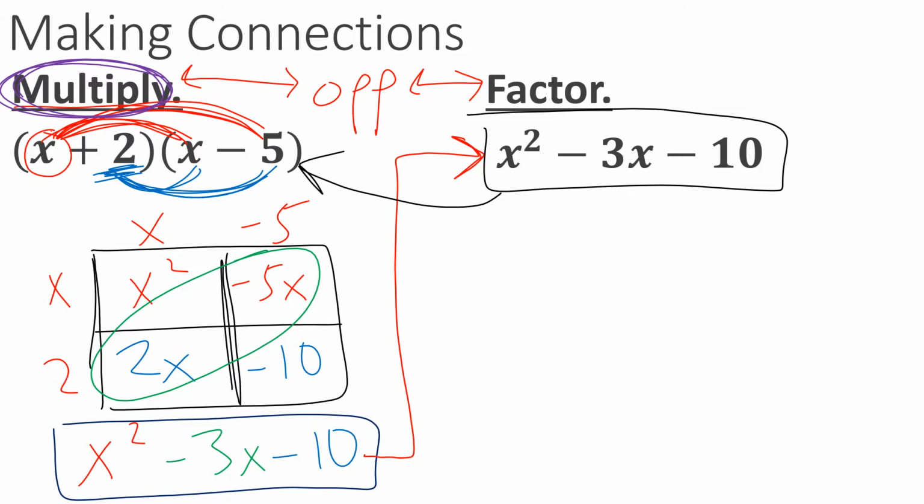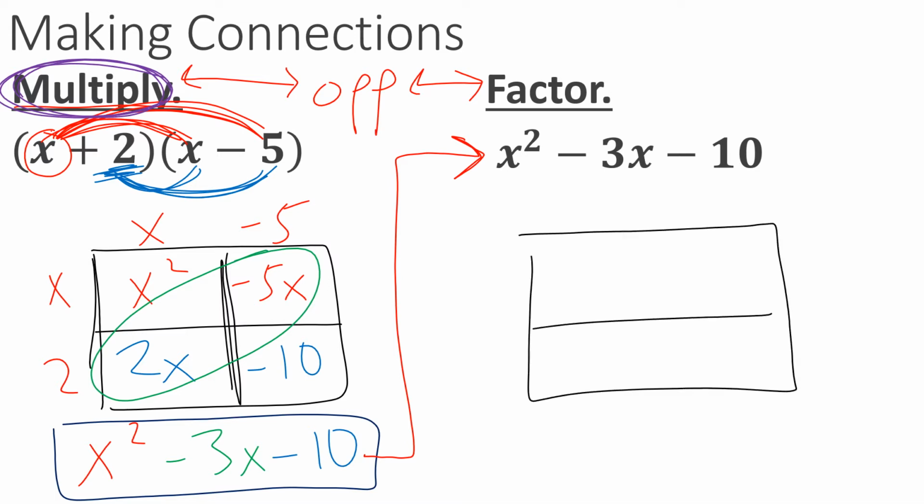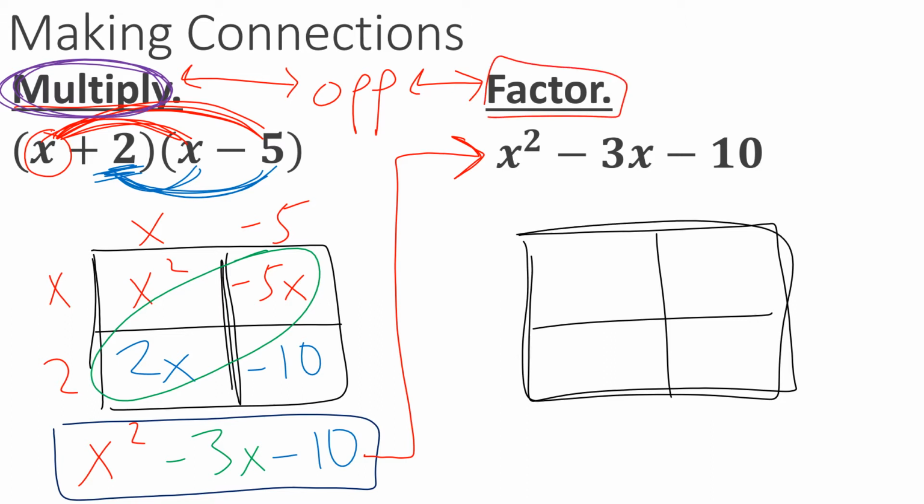Now, it's pretty easy because our final answer is going to be x plus 2 and x minus 5. But if I hadn't known that to start, how do we work backwards? Again, I want to set this up with the area model. If we're factoring, then we are given, quote unquote, the area.